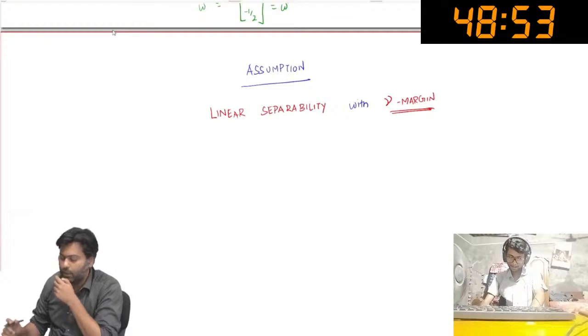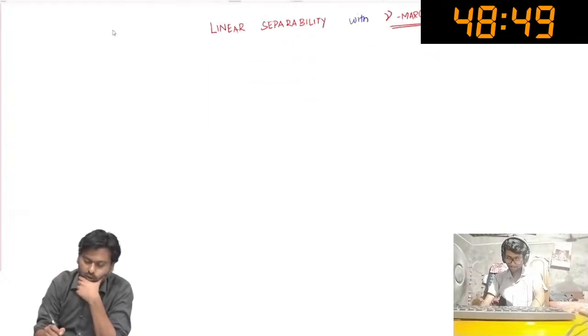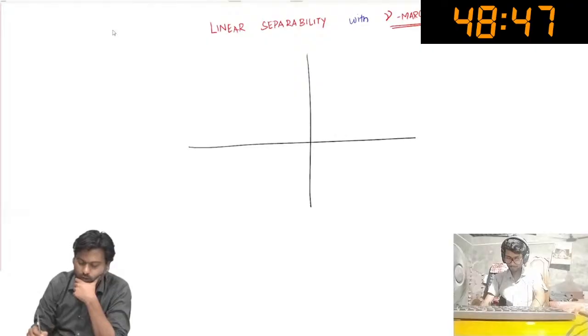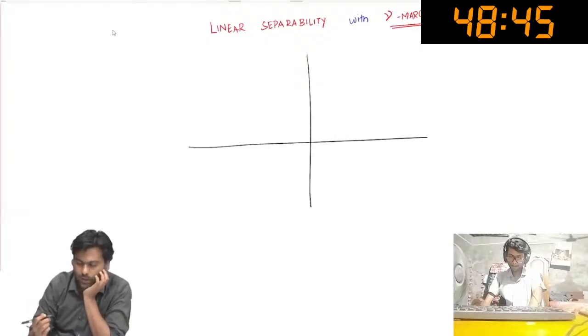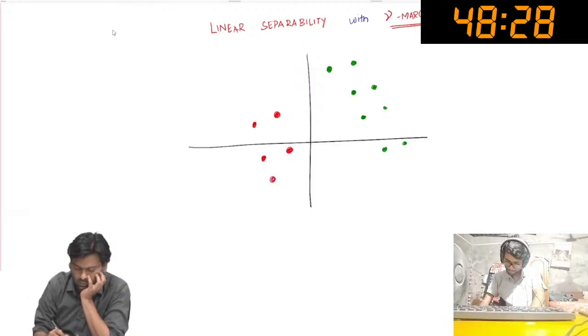So what does it mean to say linear separability with gamma margin? Well, in pictures, it means the following, right. You have a data set in 2 dimensions again. Again I am labeling some points as positive, some points as negative, let us say things like this, maybe like this.